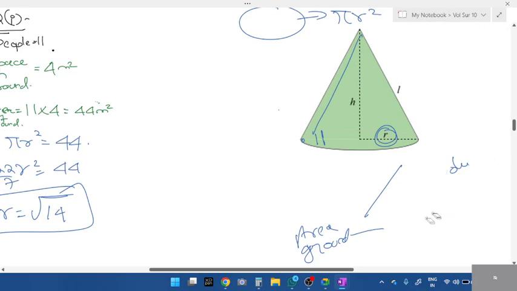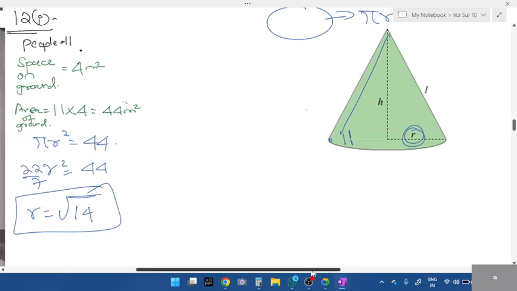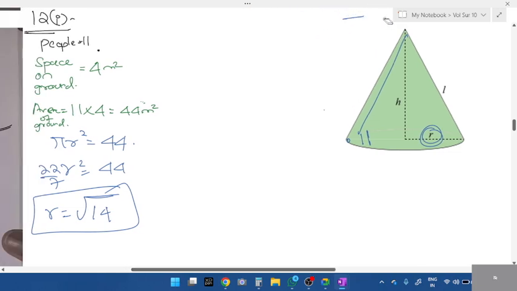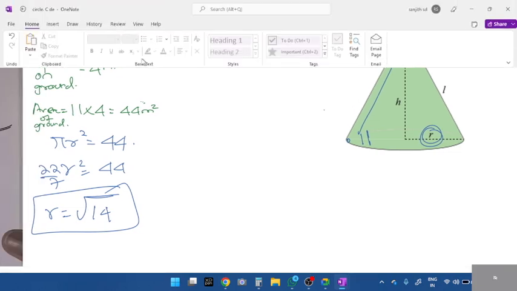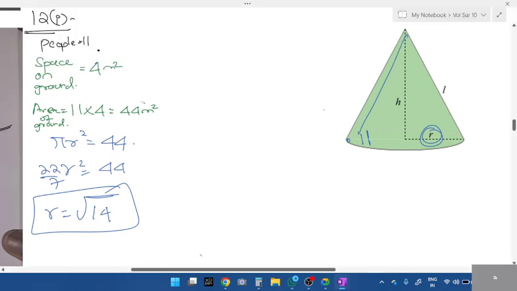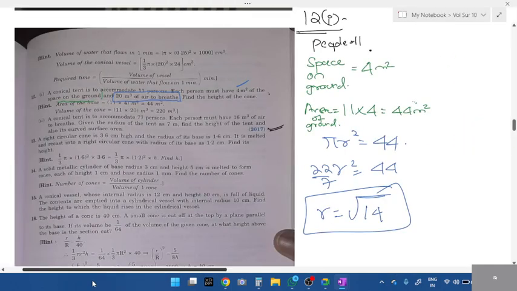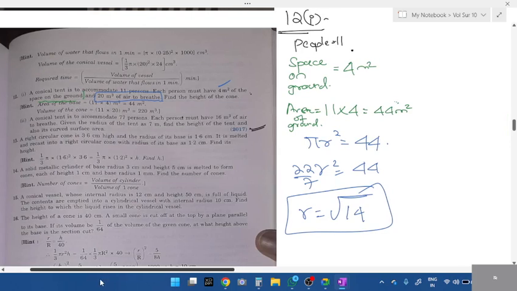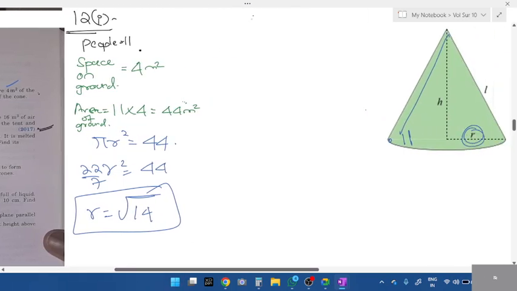Okay, now let me write the calculation. Look here. Total 11 people are there, and what else is given here? 20 meter cube of air to breathe. Air to breathe.